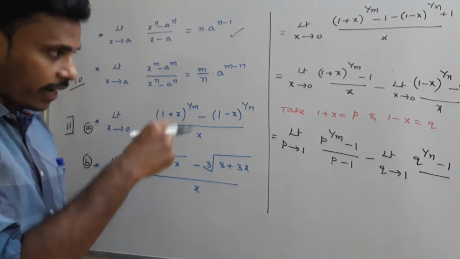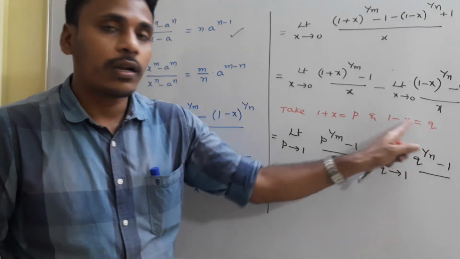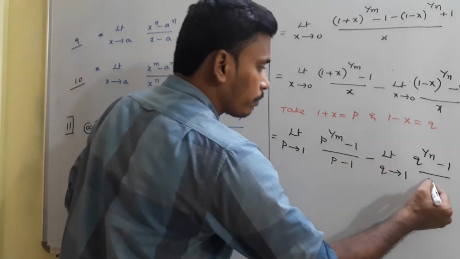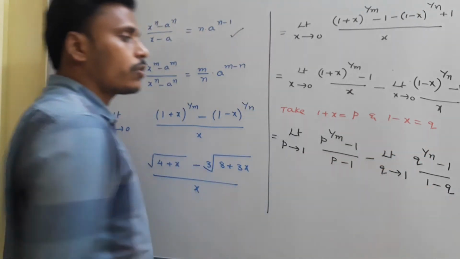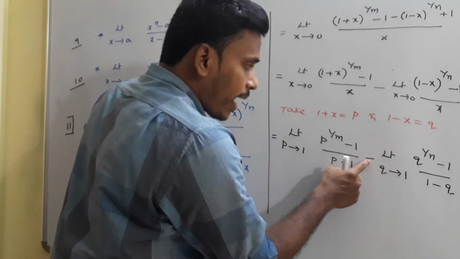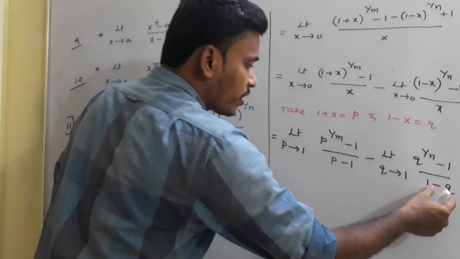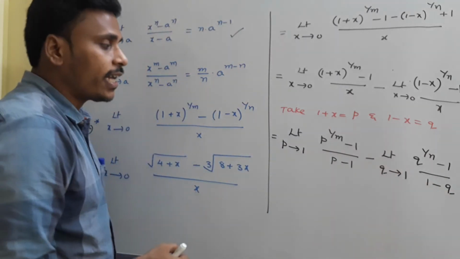Since I am trying to express everything in terms of p and q, now this x is nothing but 1 minus q. Now give this minus to the denominator and make it positive. Here 1 minus x is there, I need to rewrite it as q minus 1.